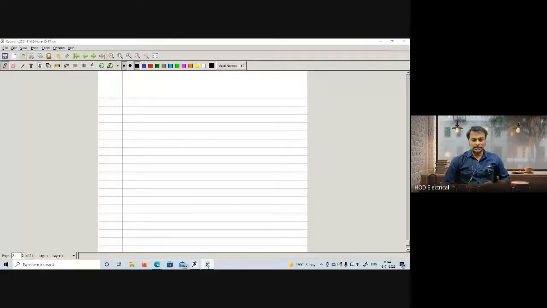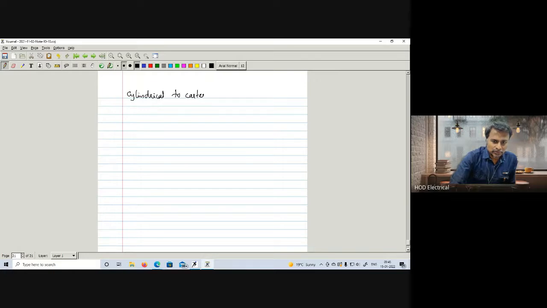I hope my screen is visible to you. So, for example, let me take one example of how to convert cylindrical to Cartesian. In this cylindrical to Cartesian, we know cylindrical variables are r, phi, and z, and Cartesian are x, y, and z.